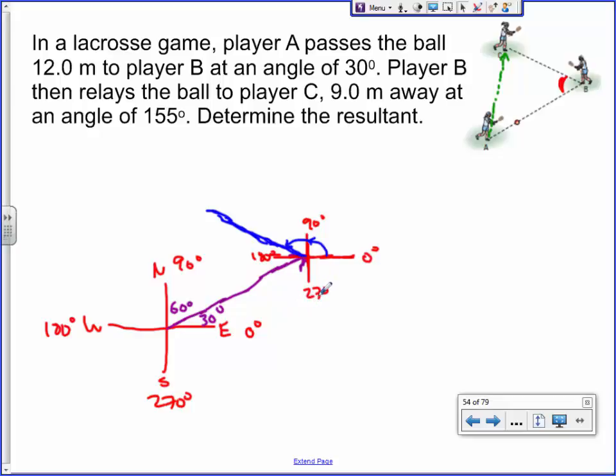So let's see if I can throw some angles in there. If this was at 155, how much further is it from 155 to 180? 25 more. I know it's getting tight for space in here, but that means that right here, that's 25 degrees. That makes sense?